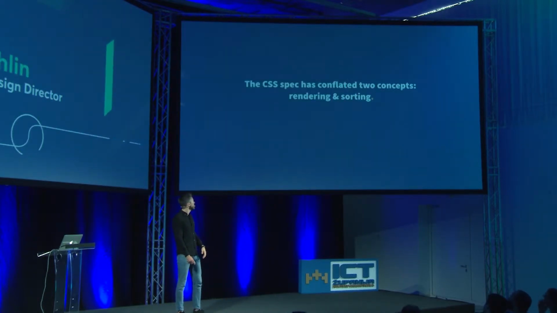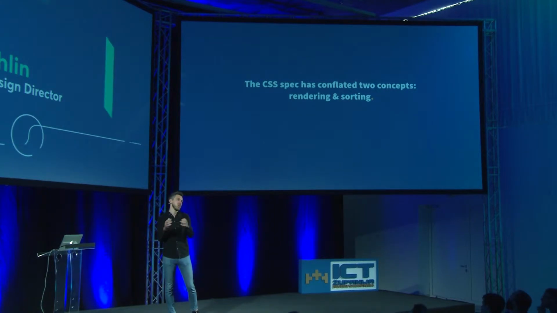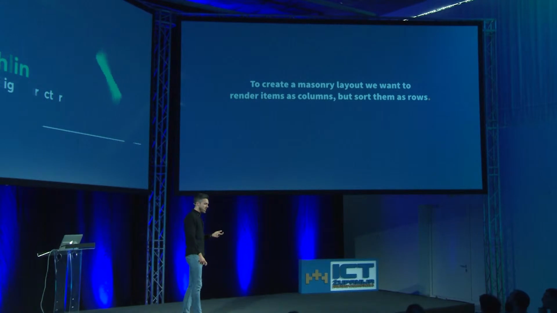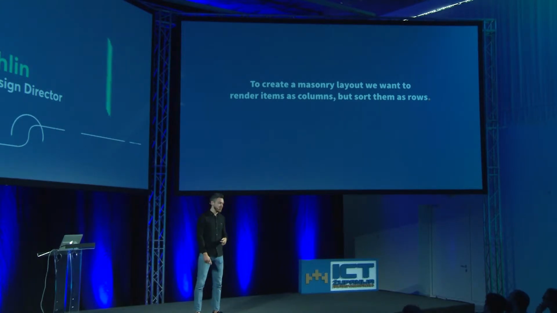The problem is that the CSS spec has really, from this point of view, conflated two concepts, sorting and rendering. And so we need to figure out a way to render items as columns, but sort them as rows somehow without the spec really allowing us to.